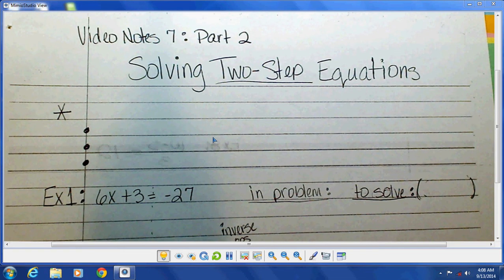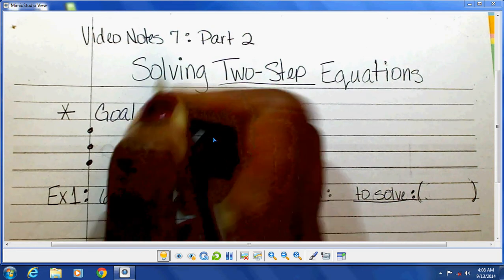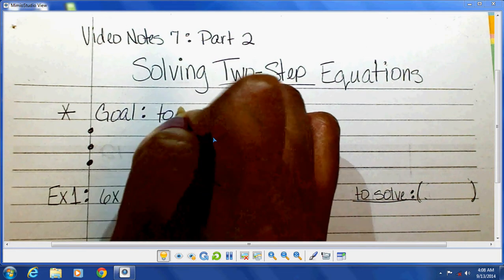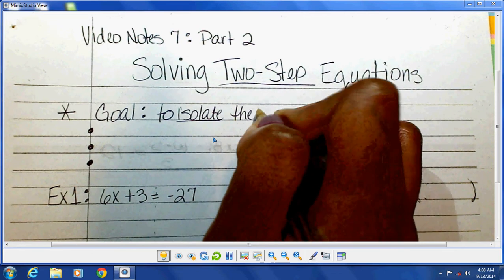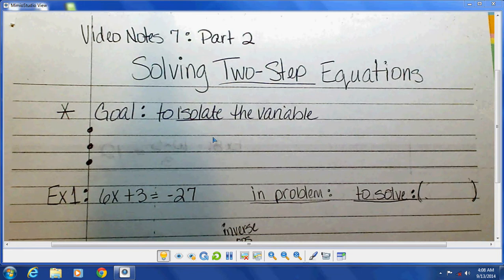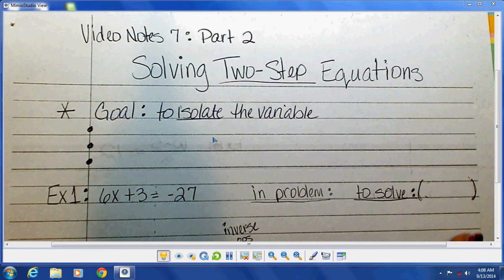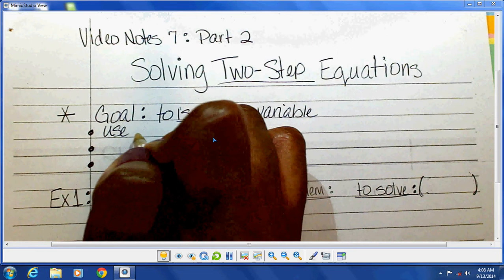Okay, so just like before, our goal is still to isolate the variable, which means to get the variable by itself. Just like before, we're still going to use inverse operations to solve.